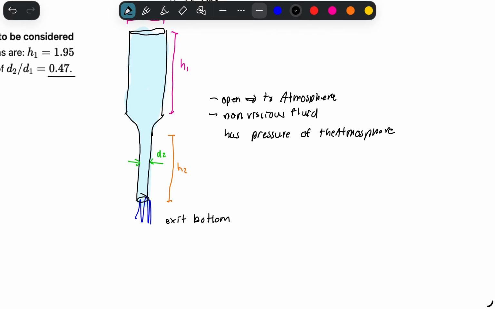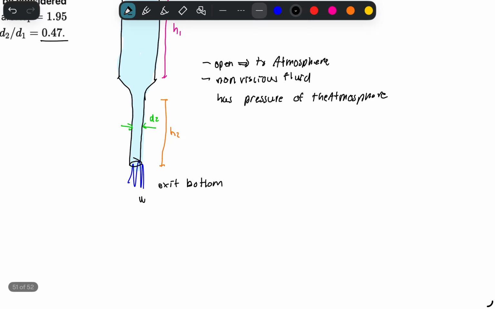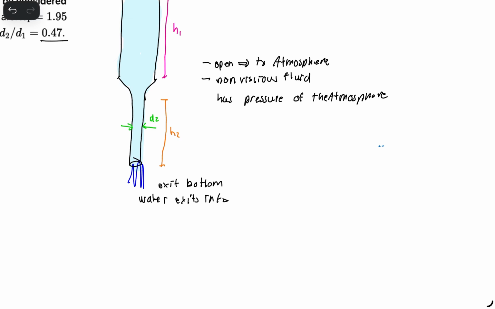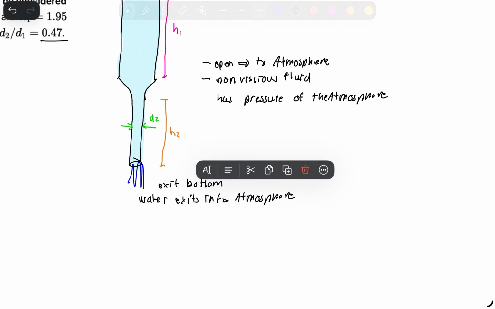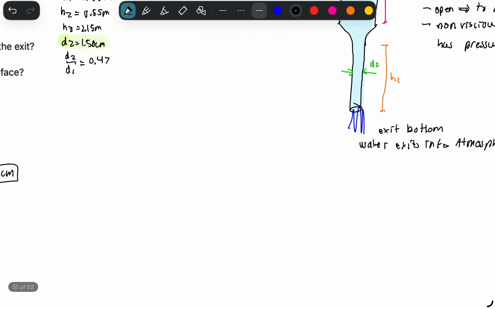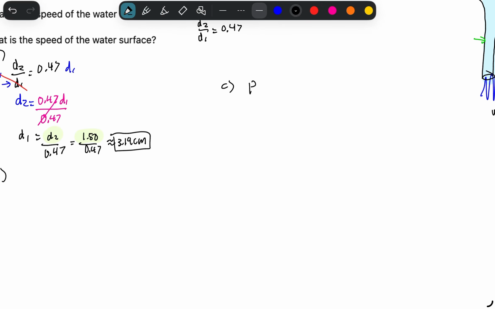So we can say that because the water exits into the atmosphere and the tank is open, the pressures at the top, P1, is equal to P2, is equal to atmospheric pressure.